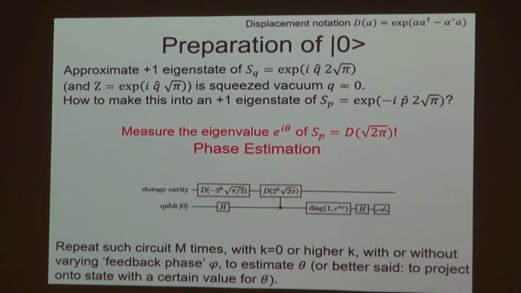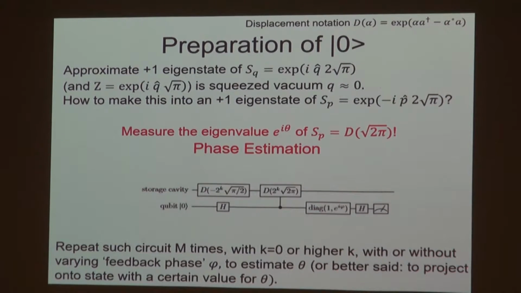Of course, it's never perfectly true, so there's some error on this, which is fine. And so I'm done with that operator. Now, I would like that squeezed vacuum state to additionally be projected onto an eigenstate of this operator. Now, this operator commutes, so the fact that I already have an eigenstate of the other is fine, it's not changed.